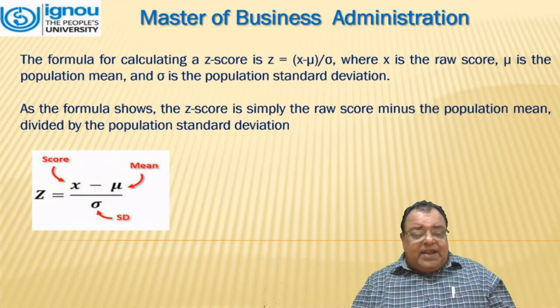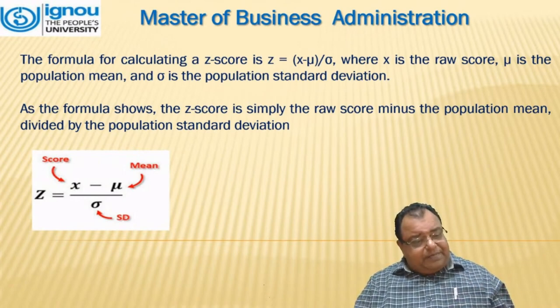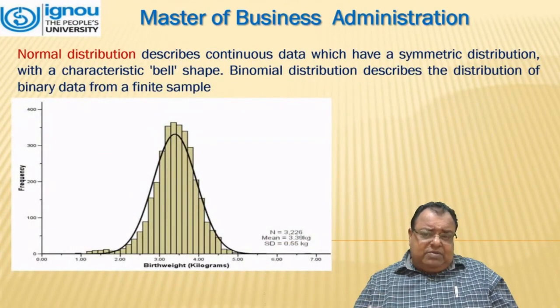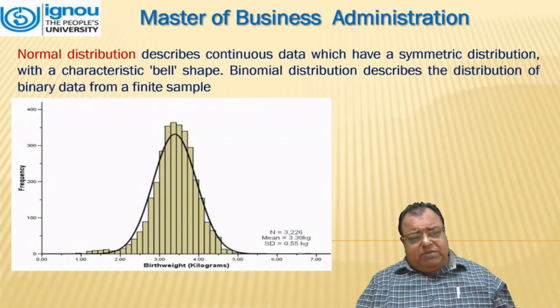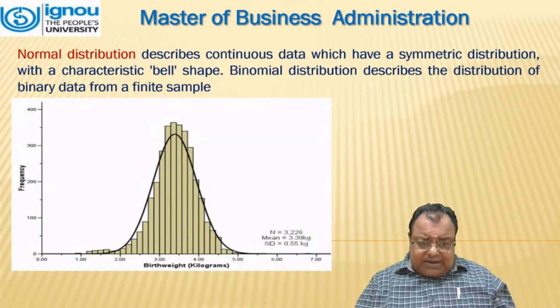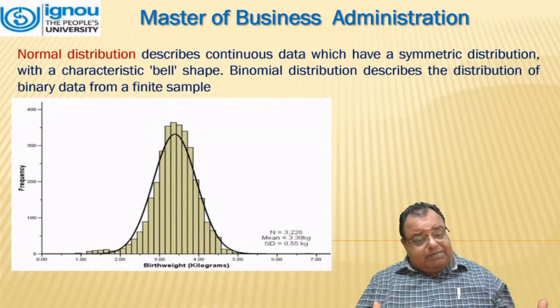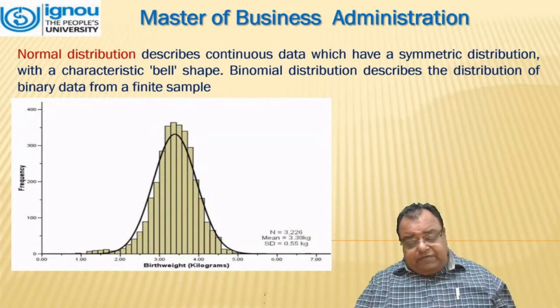That is, z equal to x minus mu upon sigma. Normal distribution describes continuous data which have a symmetric distribution with a characteristic bell shape. Binomial distribution describes the distribution of binary data from a finite sample. This is basically a bell-shaped normal curve.